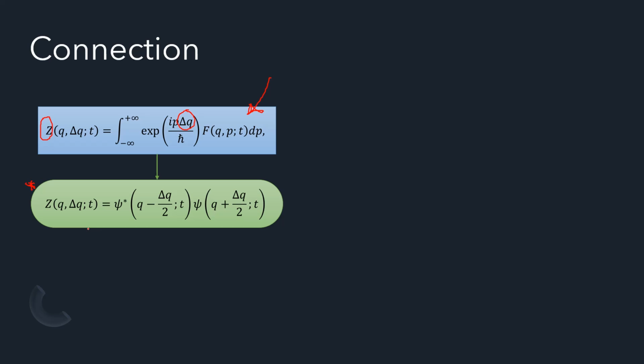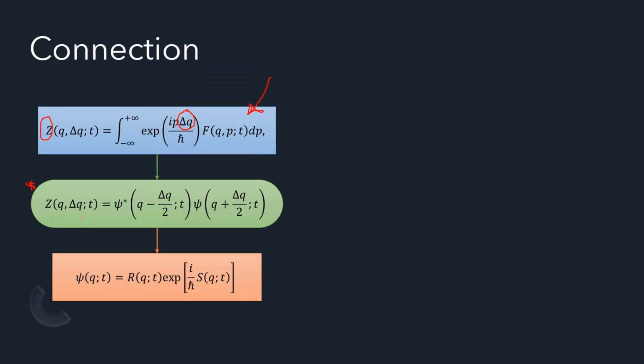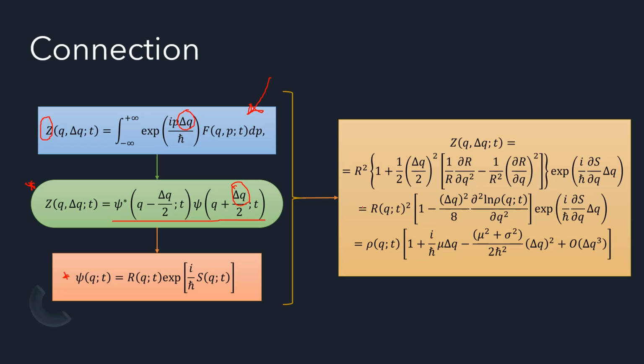So we have used the fact that psi is a complex function, and so we have written the psi, the probability amplitude, in this way. And when we do that, we develop this product up to second order in delta Q, and we get the following result. This was the result that we have obtained in our derivation.